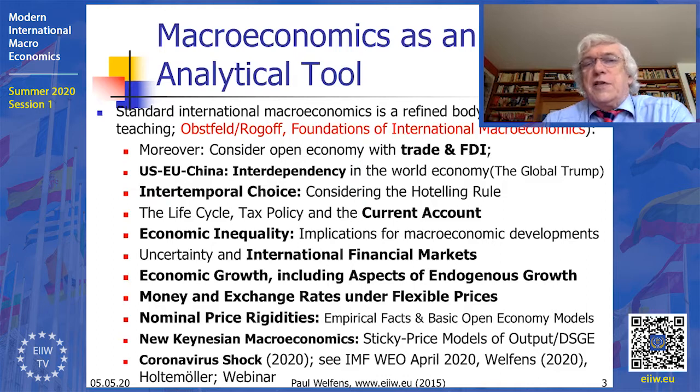But that, in turn, has a repercussion effect on the US, because as GDP in China is declining, Chinese imports are declining, and Chinese imports to a large extent are US exports, but actually also EU exports. So we really have to consider this triangle.